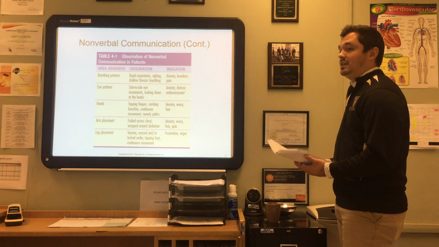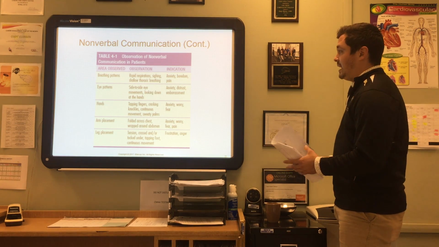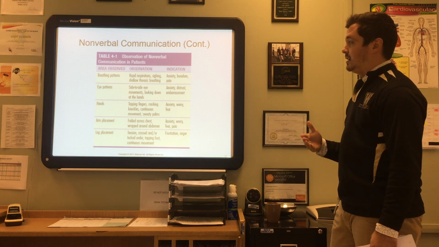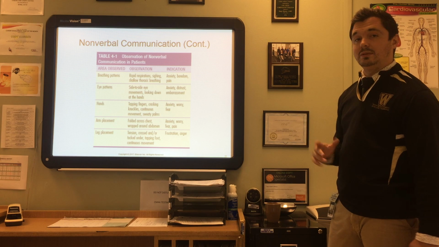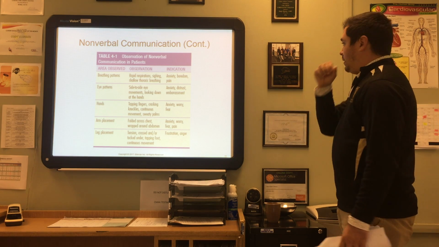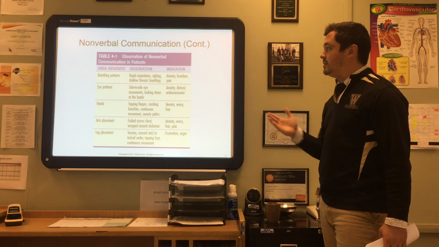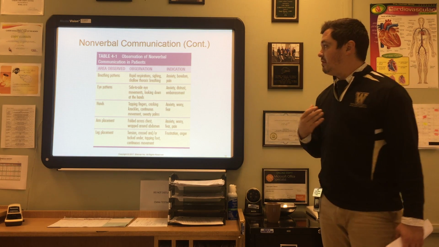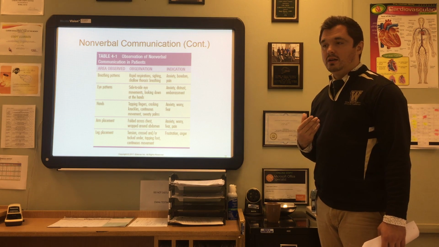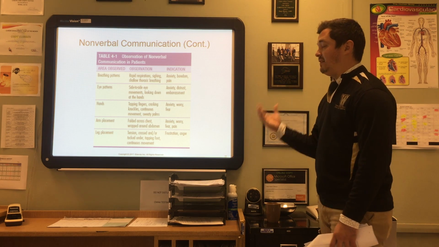Now these are some of the things that you can notice and observe from patients. You can observe their breathing patterns or their eye patterns, their hands, their arm placement, their leg placement. You can kind of read into all this. So for example, if you look at their breathing patterns and you see rapid respirations, they're sighing, they're taking shallow thoracic breathing like that, it could mean they're having anxiety.